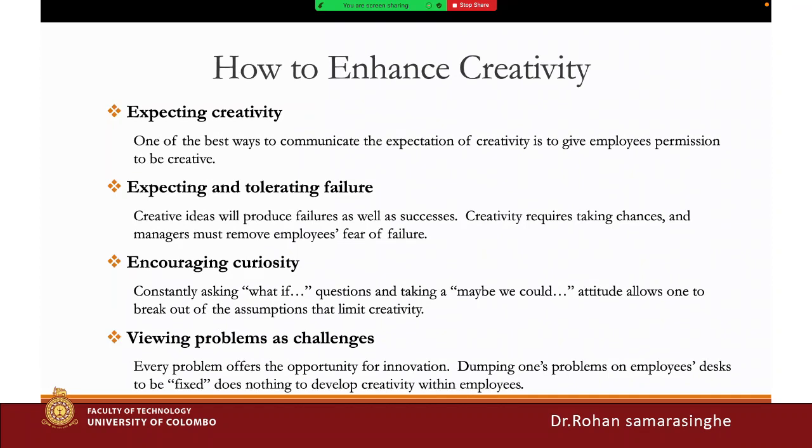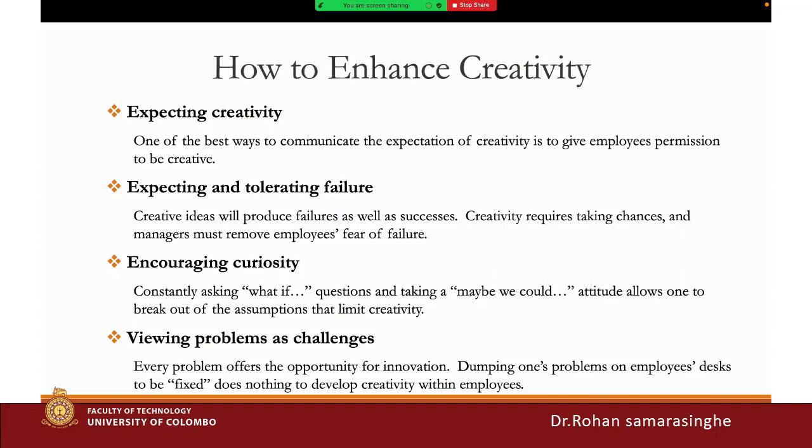Expecting creativity: one of the best ways to communicate the expectation of creativity is to give employees permission to be creative. If you are the head of a company and heading the innovation center, you will always encourage them to be creative, tolerating failures.